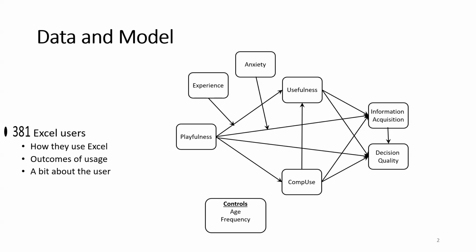So the slide you see on the screen is the model we are actually going to test. The data I have shared is about this model. If you look at this model, what do you have? This is our independent variable, playfulness.